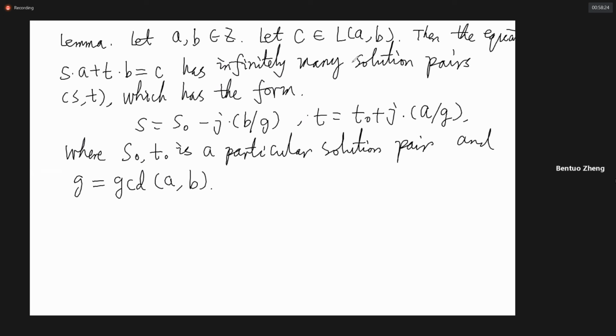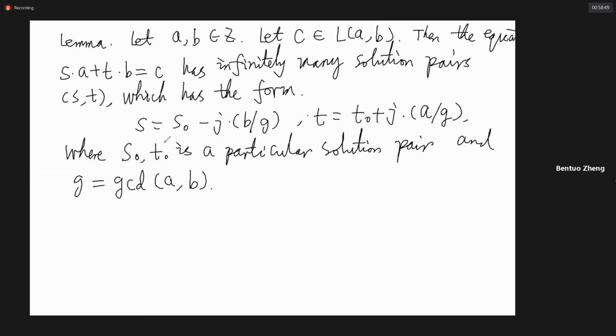So we should remember that a linear combination of A and B is just a multiple of G, the greatest common divisor of A and B. Okay. So to prove this, we'll show two things.